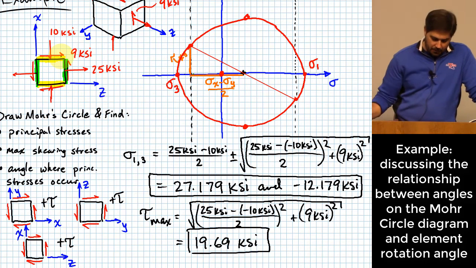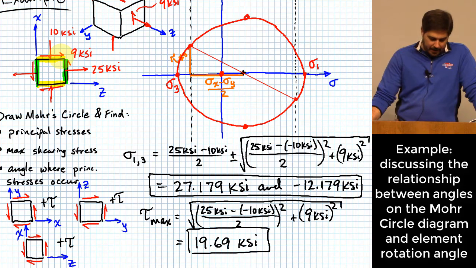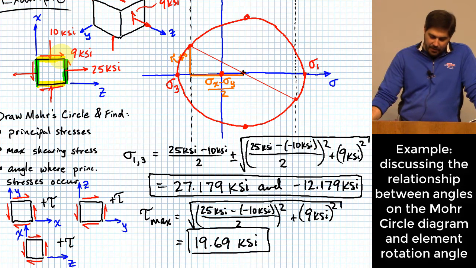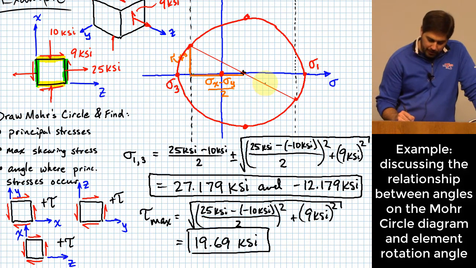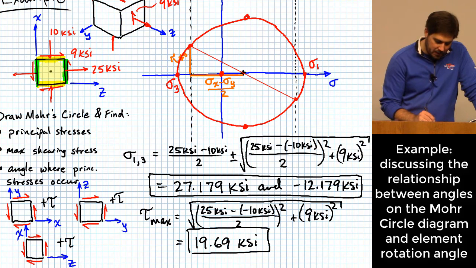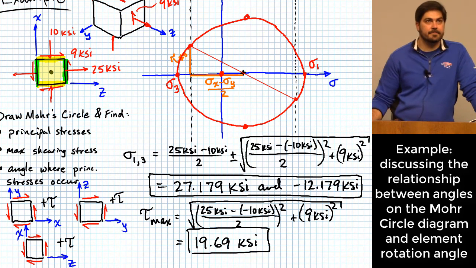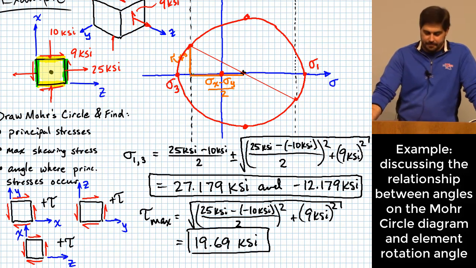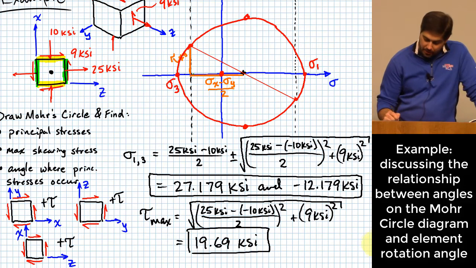Okay, so first of all, let's just do it. How does the angle on Mohr's circle relate to the angle on the actual element? It's twice, okay? So how do you know that?